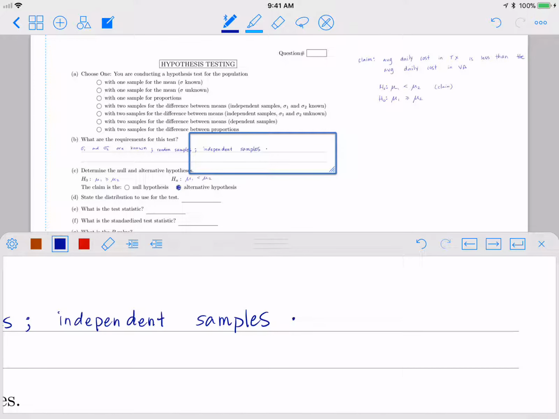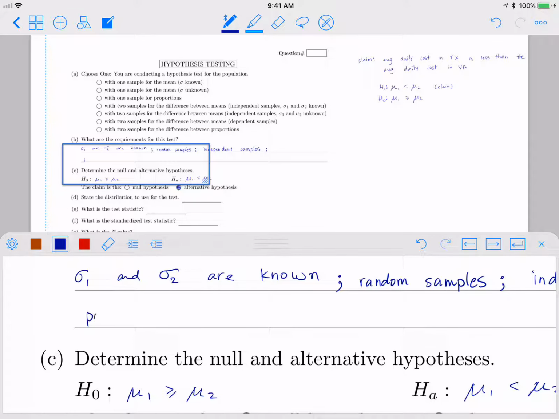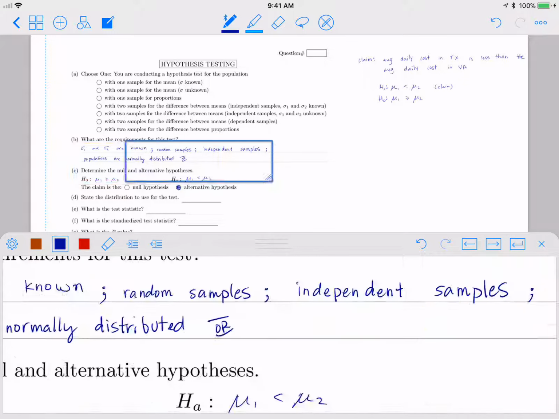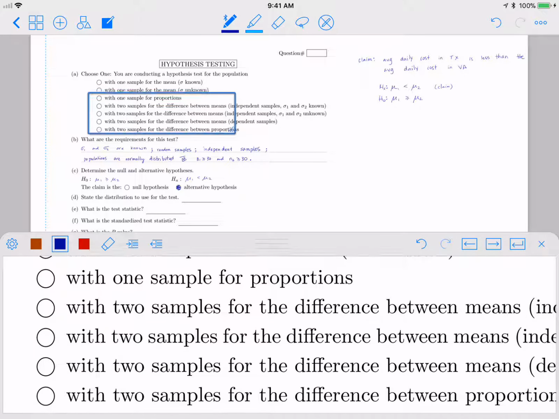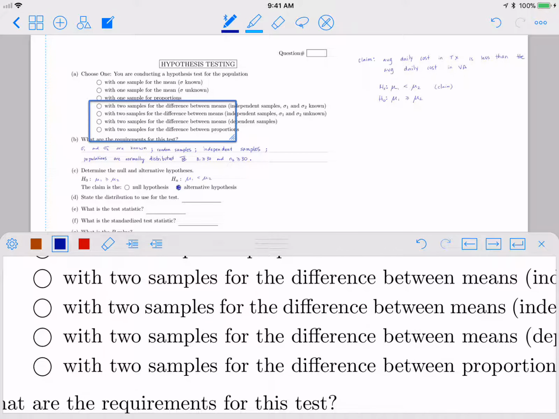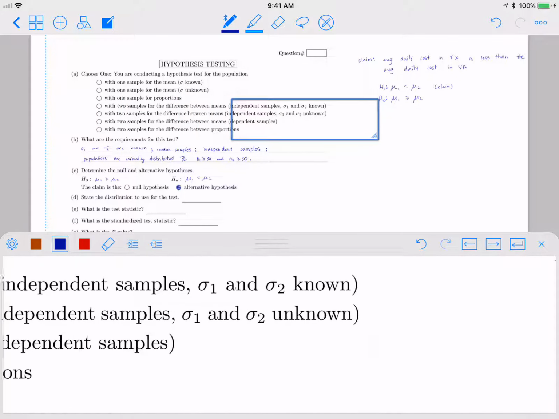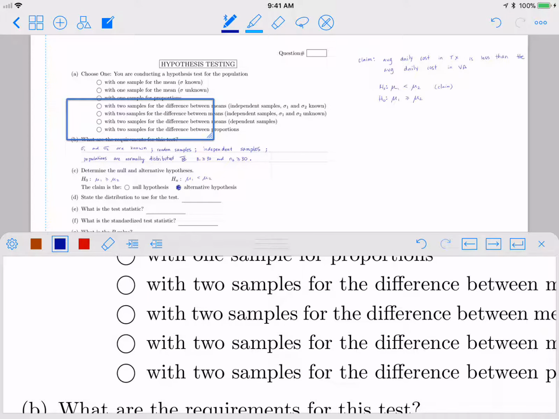And lastly, we need both populations to be normally distributed, or both sample sizes are greater than or equal to 30. Okay. And the test that we're going to use is a test with two samples for the difference between means with independent samples and sigma 1 and sigma 2 known.